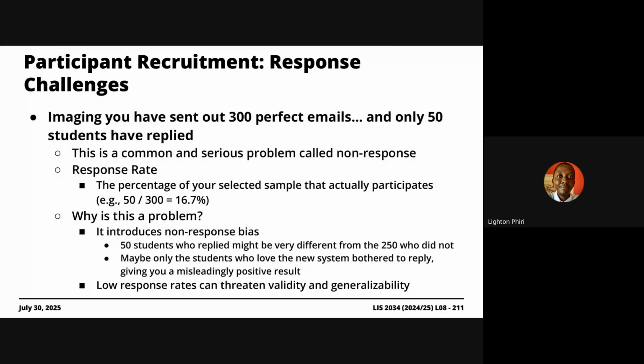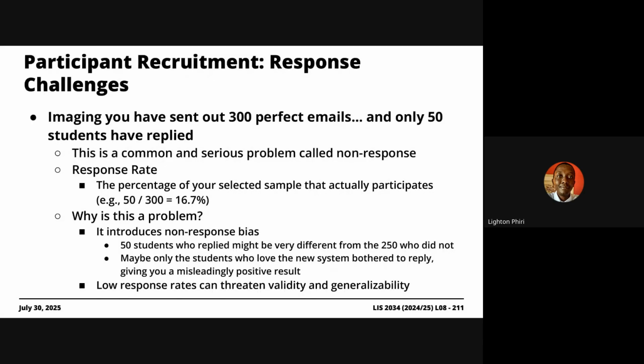And again, there's bias, because the people who responded are perhaps the people who were interested or excited enough to participate in the study. In this hypothetical example, I was hinting at the new AI system I've used as an example before. So maybe the 50 who responded are the people who are excited about the new system.